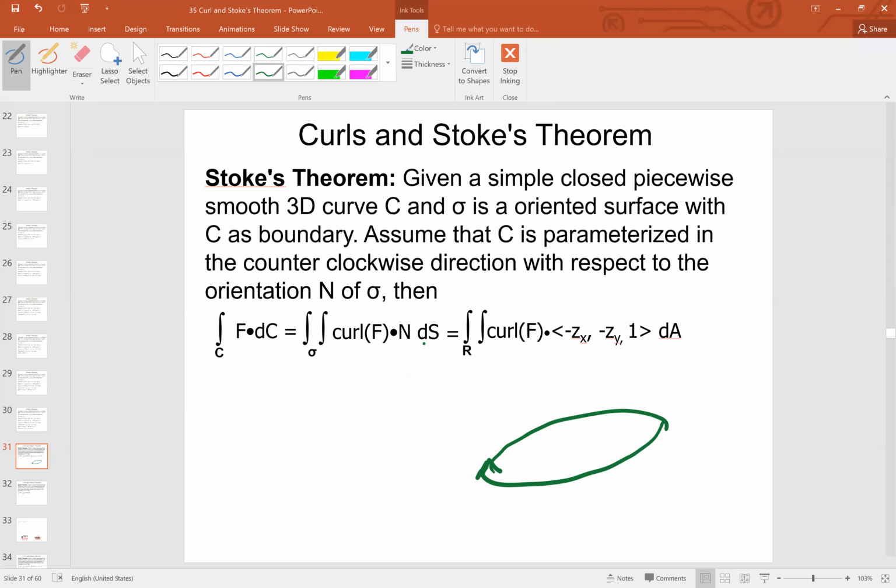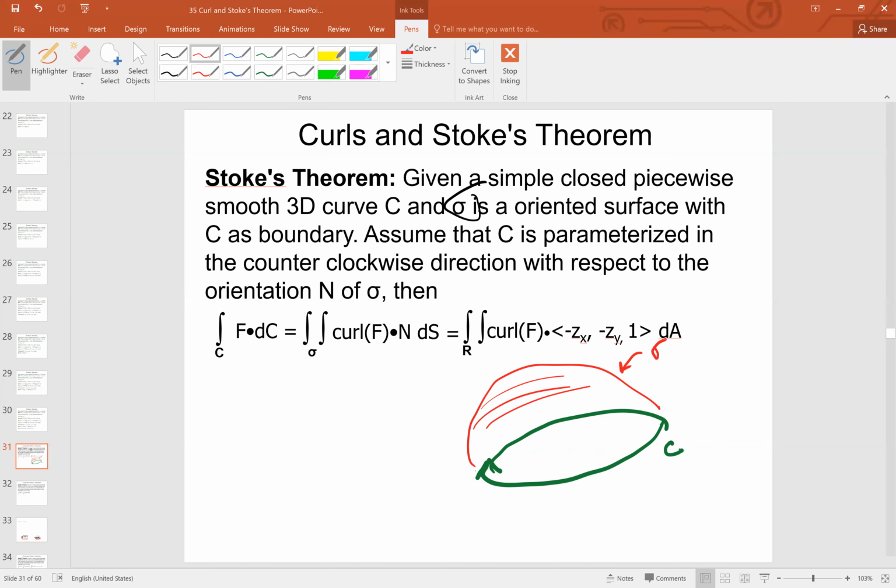And then you have a surface with this as the boundary. Think of it maybe as a soap film. C is the curve, and sigma is the surface.